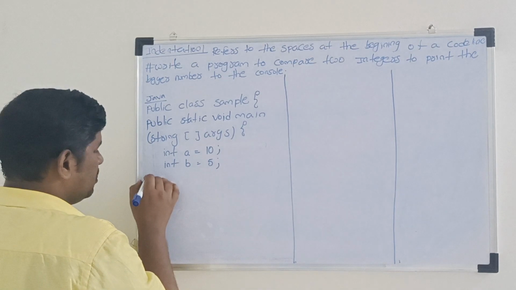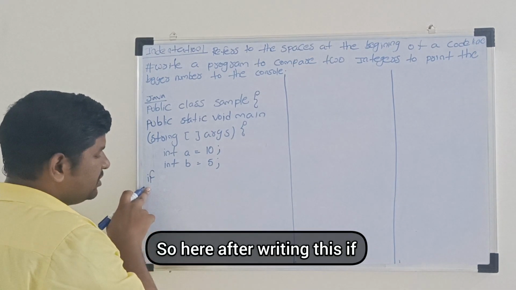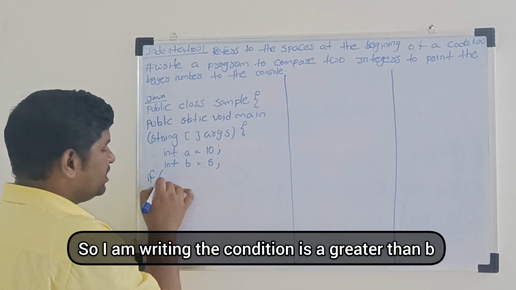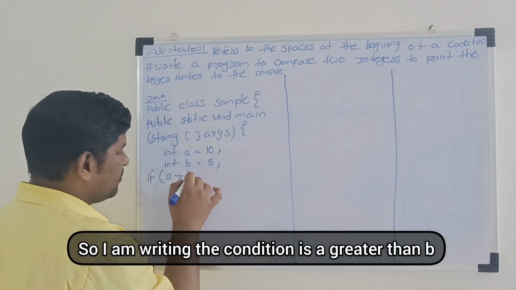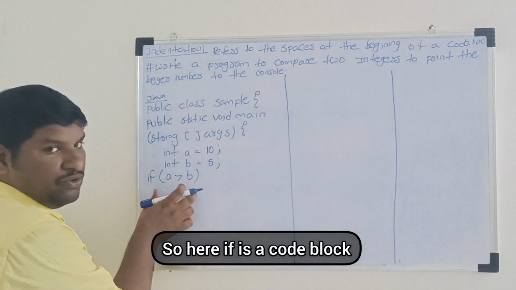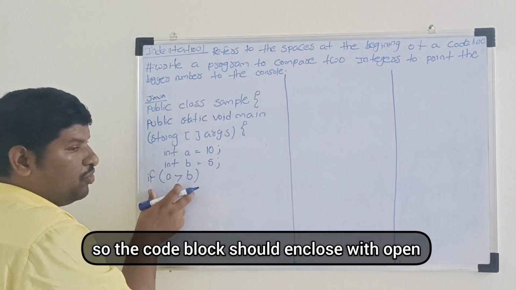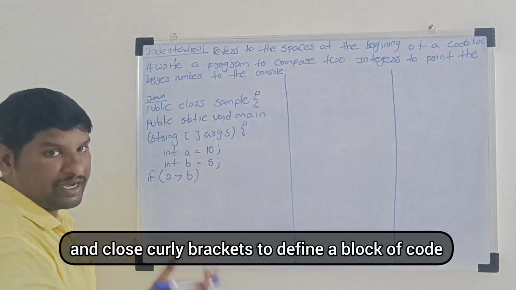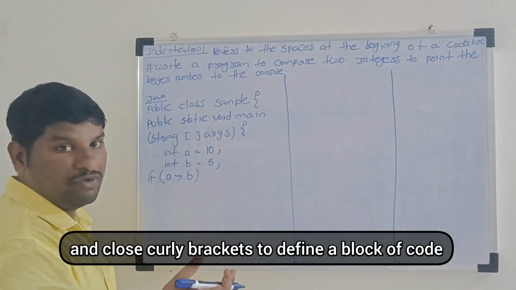Next, after writing this if, you should write the condition here. So I'm writing the condition a greater than b. So here if is a code block, so the code block should be enclosed with open and closed curly brackets to define a block of code.